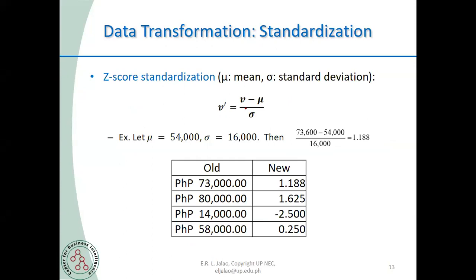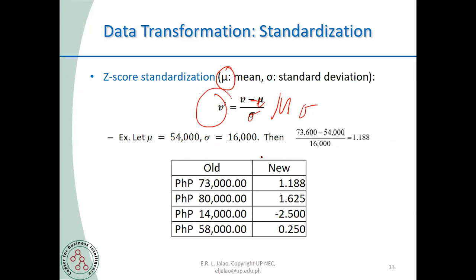The formula for Z-score standardization is: the Z-score is equal to the value minus the mean, all over the standard deviation. The standard deviation has its own symbol, sigma. So let the mean be 54,000 and the standard deviation be 16,000.